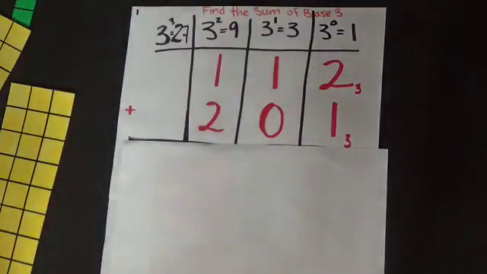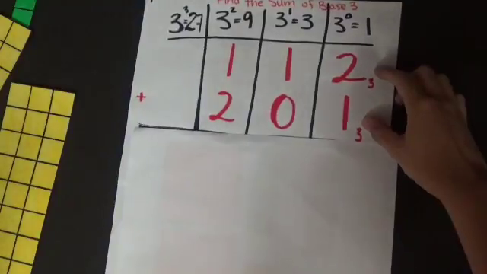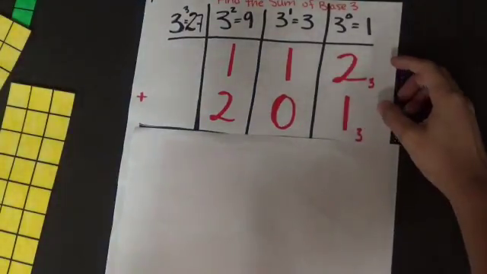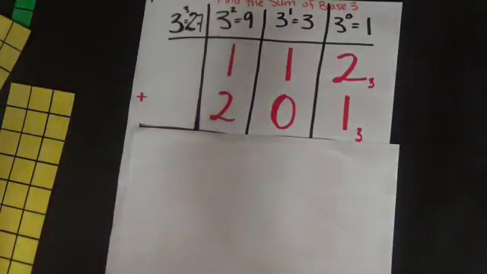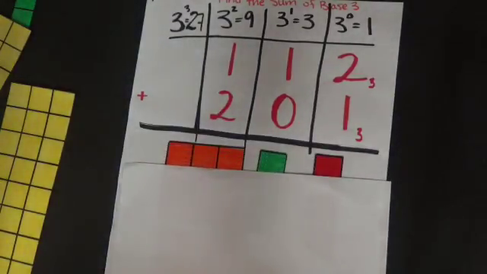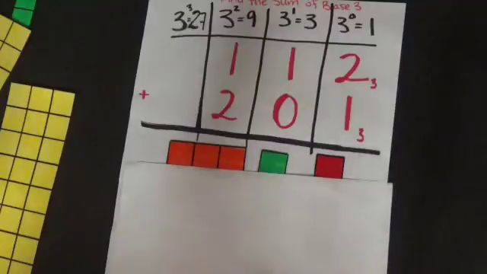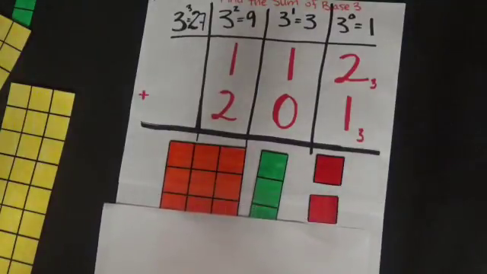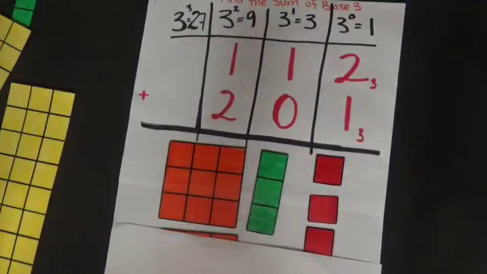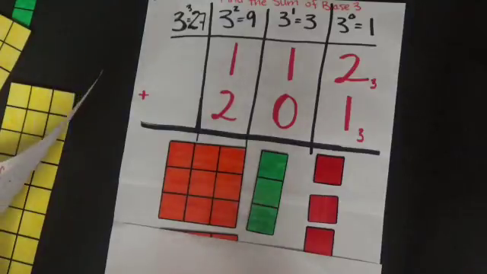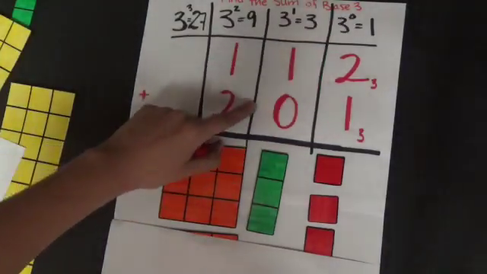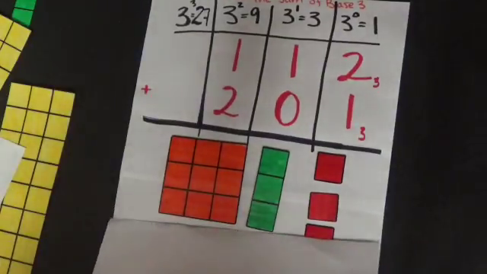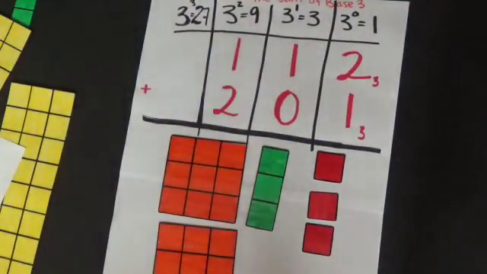We are going to be performing addition of these two base 3 numbers using the base 3 blocks. If we take a look at the first number, it shows that there are 2 1s, 1 3, and 1 9. Now if we see the second number, it has 2 1s, 0 3s, and 2 9s.